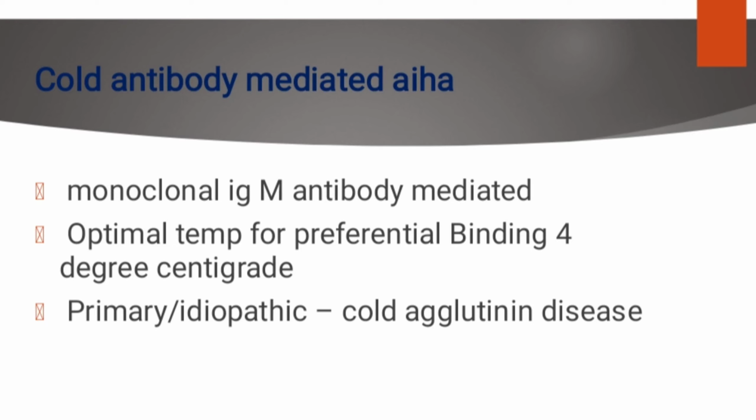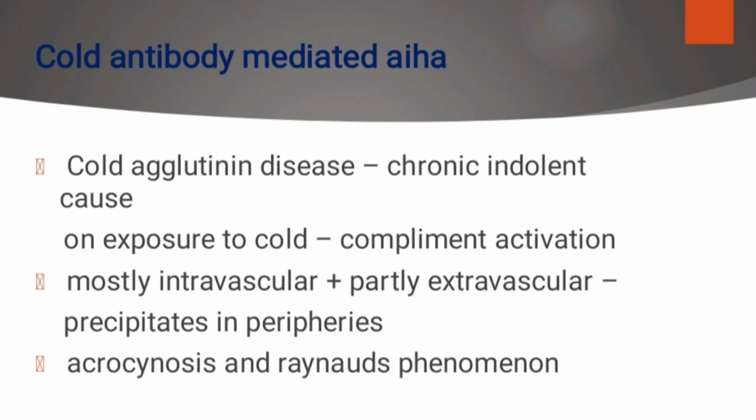On exposure to cold, complement activity starts at lower temperatures, and this phenomenon is mostly intravascular and also partly extravascular. These precipitated complexes often get deposited in the peripheries, leading to acrocyanosis and Raynaud's phenomenon.